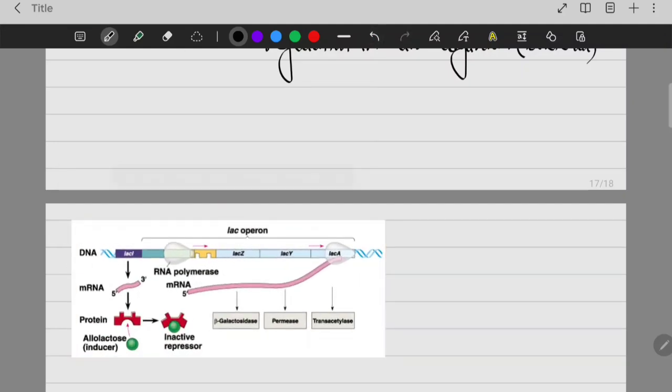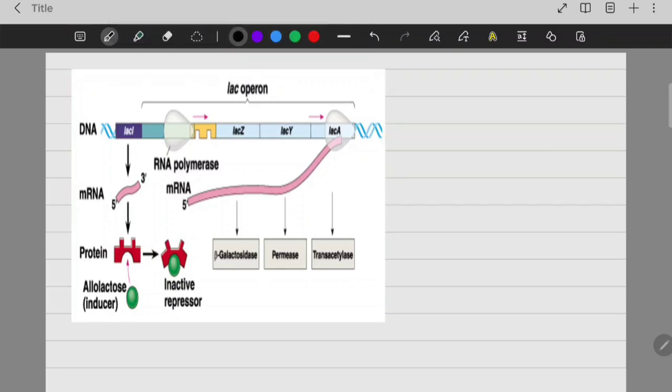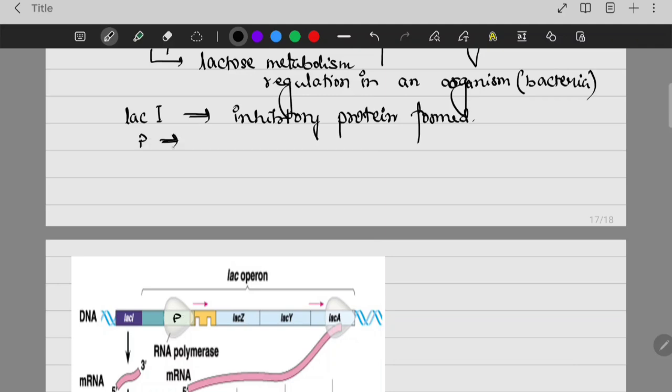If you see this diagram here, this is basically the lac operon concept. Okay, now this is the lac operon. Here we can see the lac I. Lac I means inhibitor, means inhibitory protein formed. Okay, now second is the P zone. This is the P zone, where P means promoter, and promoter means there is binding of the RNA polymerase.